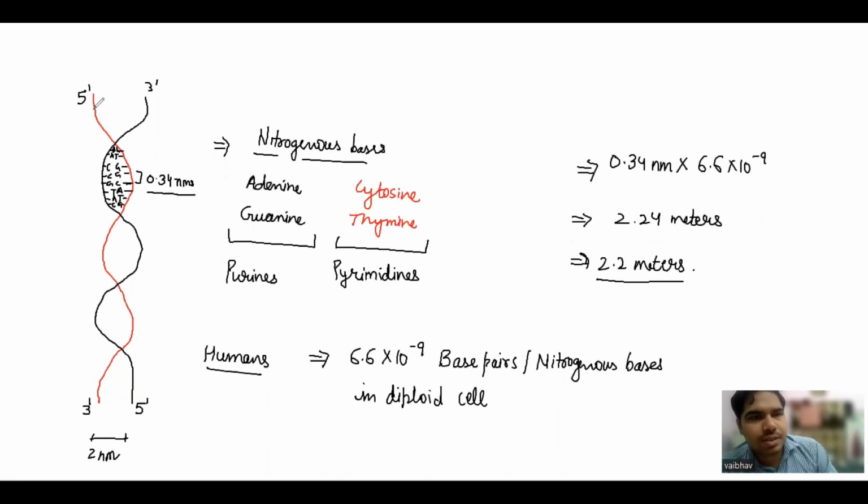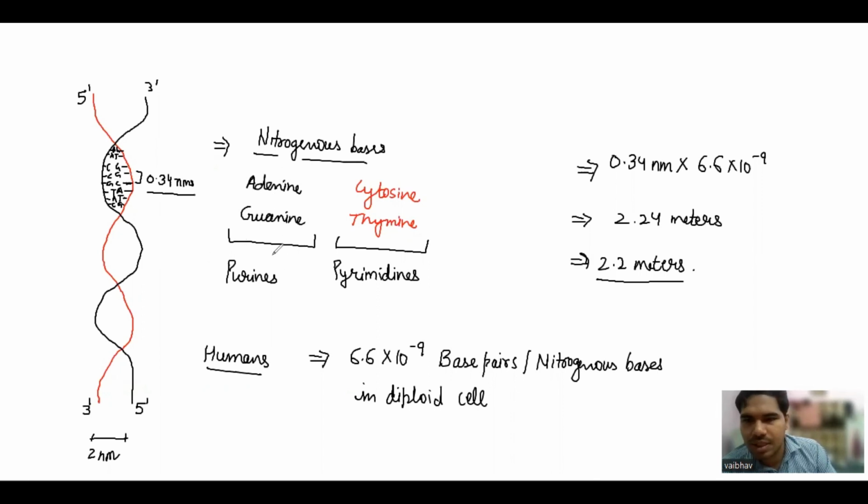There are two strands. Both strands are antiparallel to each other. One I have represented with red color, another with black color. They both have polarities on different sides. The nitrogenous bases are of two different types, the purines adenine and guanine. They both have their own chemical structures. I'll be telling you all these structures in much more detail later, like why adenine is different from guanine.